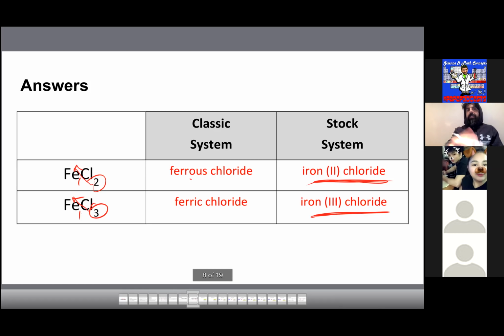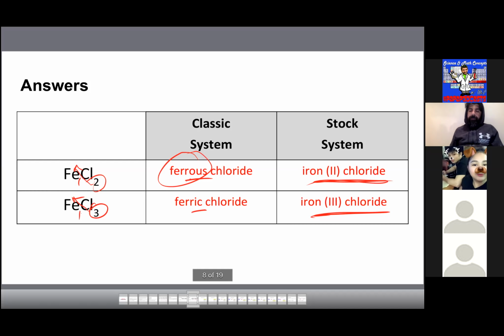But I do want you to see, in case you come across a sample problem or a homework question that has the classic system name, so you're not looking at it thinking, oh my goodness, what's ferrous? What's ferric? You're going to need to know those endings, because we're going to see these OUS endings and IC endings when naming acids, but we'll worry about that in a moment.